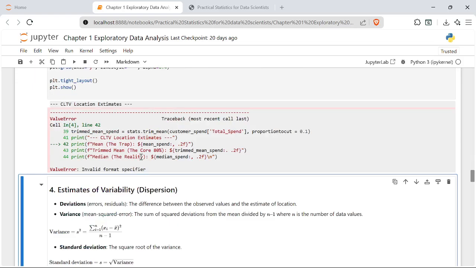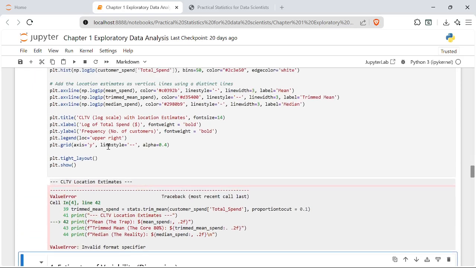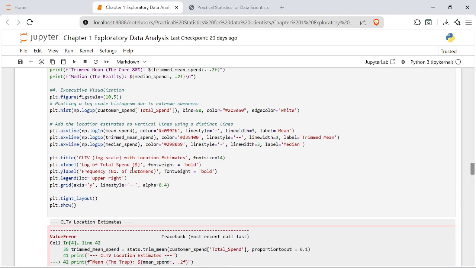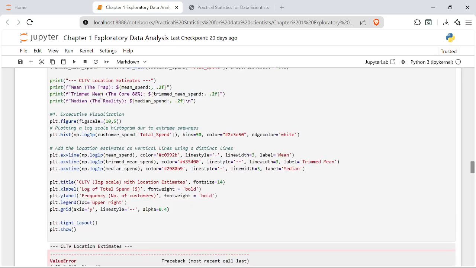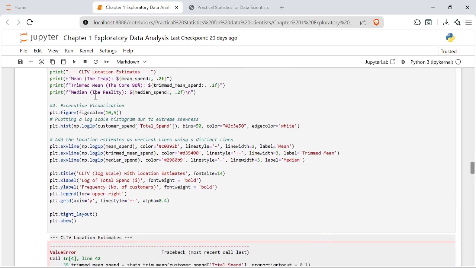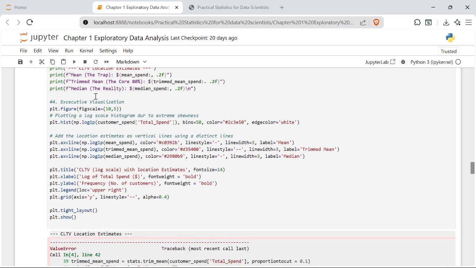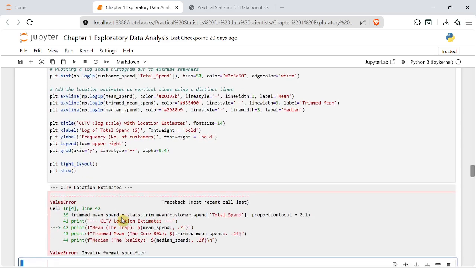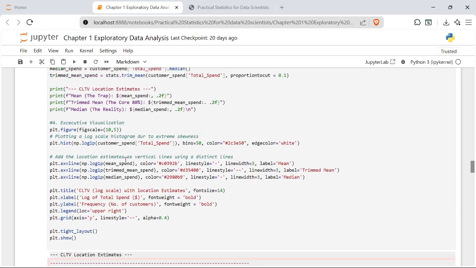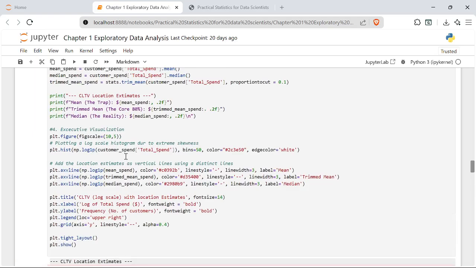Invalid format specifier. plt location estimates, f-string mean the trap.